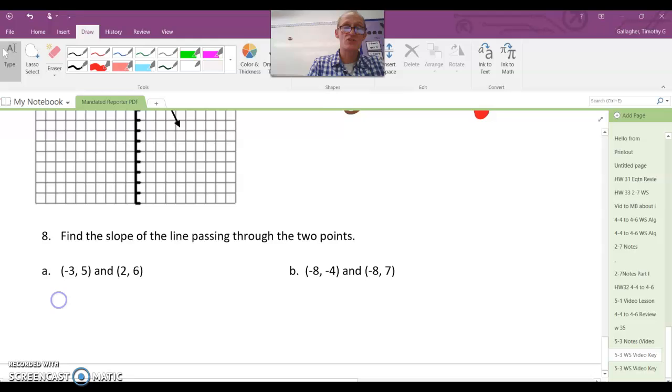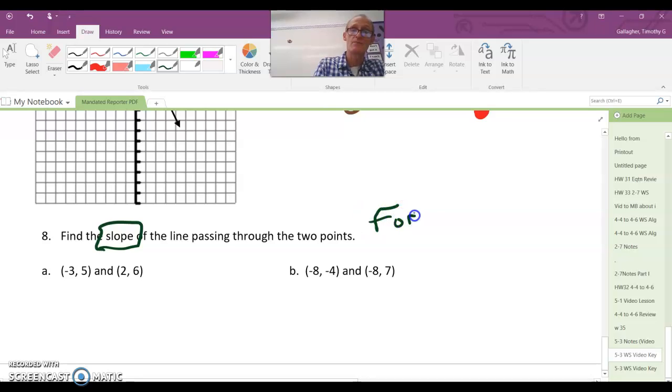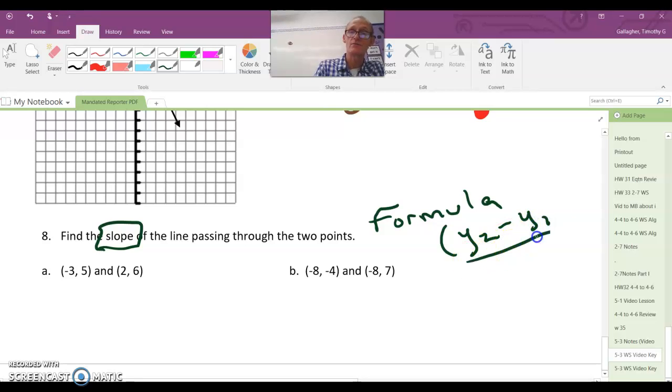All right. Number 8 says find the slope of the line passing through the 2 points. So the formula is y2 minus y1, which is the change in y, divided by x2 minus x1.